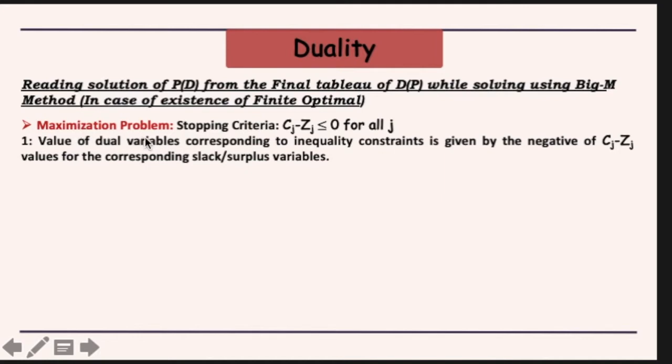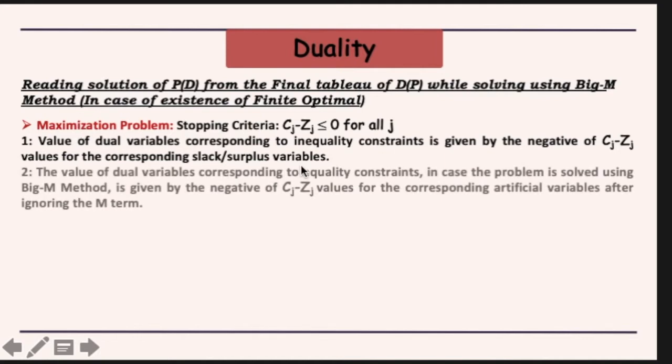Now in case we have some equality constraints and we are solving the problem by the big M method, in that case how to read the dual variables is like this. We will first solve the problem using big M, and then we take the negative of the Cj minus Zj values for the corresponding artificial variables after ignoring the M term. So how do we find the value of the dual variables?